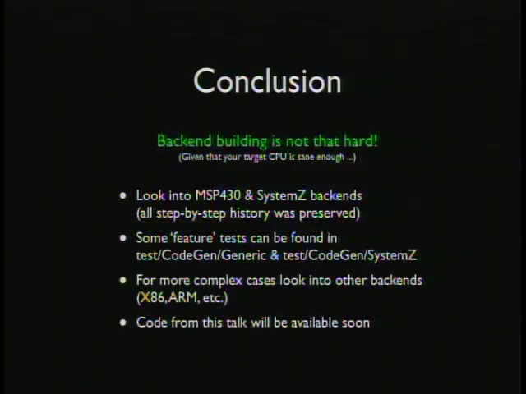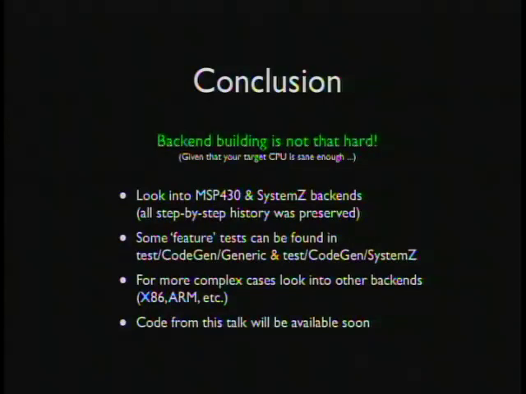We have two backends which were built specifically in a step-by-step manner. That's why in the commits mailing list you have all that history, starting from the skeleton backend until the current stage. Here is the MSP430 backend, and also the SystemZ backend, which is for IBM mainframes.